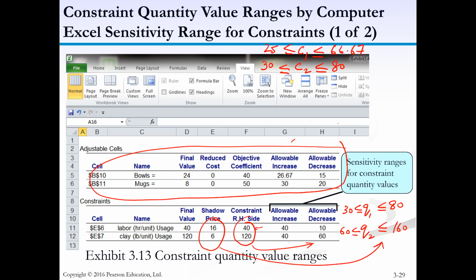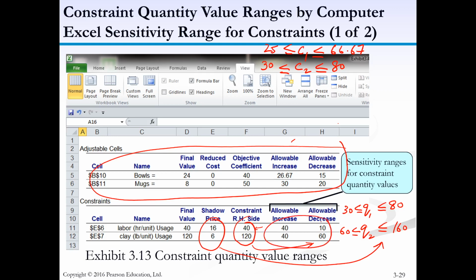Now let's say that the laborers are willing to work for $10 per hour. We can hire them because they will bring more profit, but the question may be asked, how many should we hire? And the answer comes from this allowable increase and decrease.